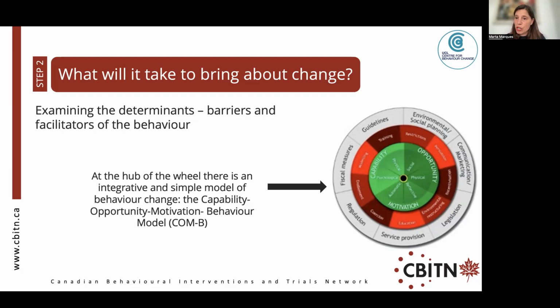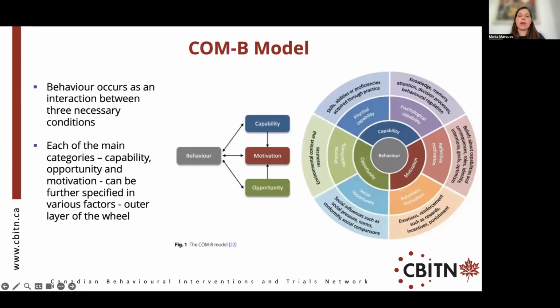And within the behavior change wheel, these determinants are expressed in this integrative, simple model of behavior change called the COM-B model. What the COM-B model tells us is that for any behavior to occur, there needs to be an interaction between three categories of determinants, or barriers and facilitators, to the behavior.